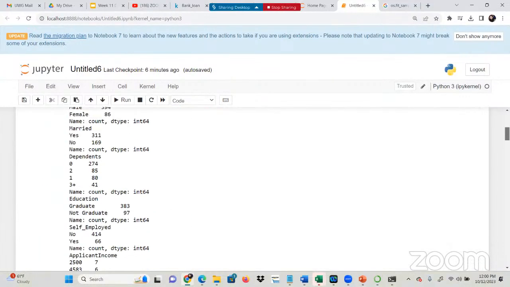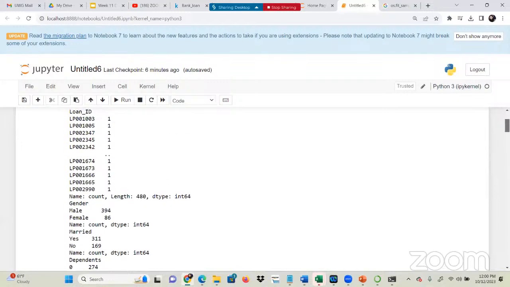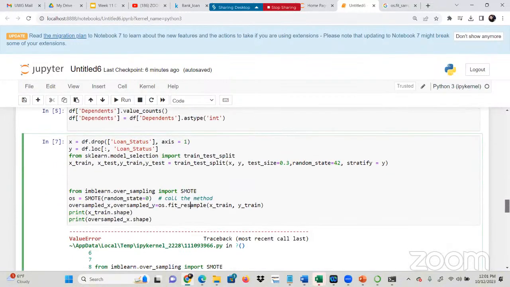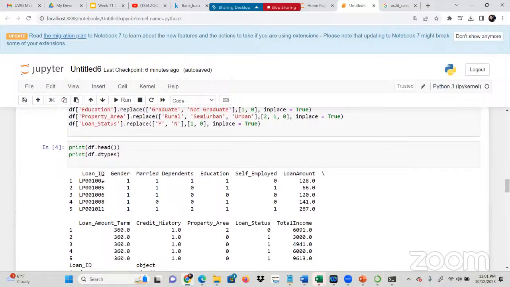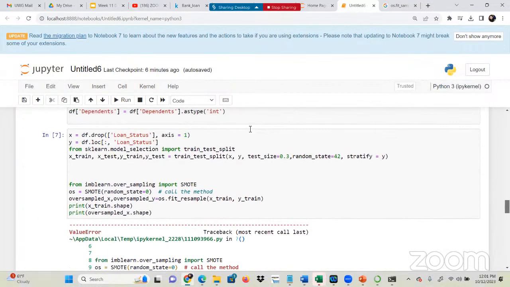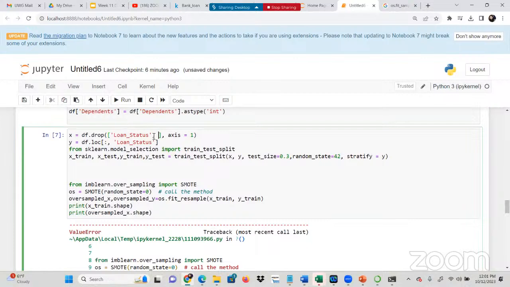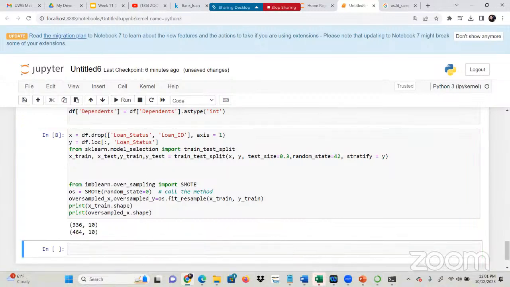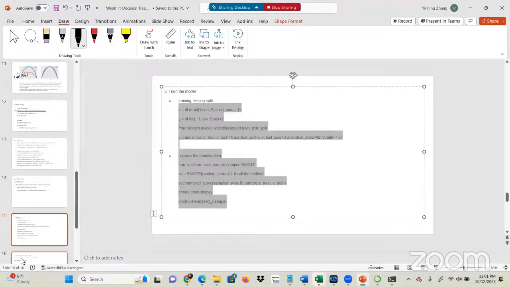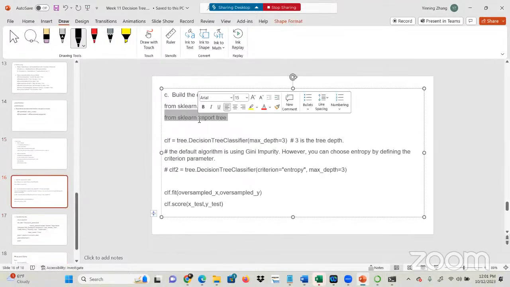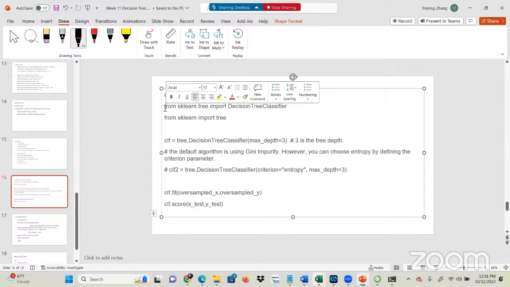Didn't drop the ID. Okay. Next, here, we build the tree.